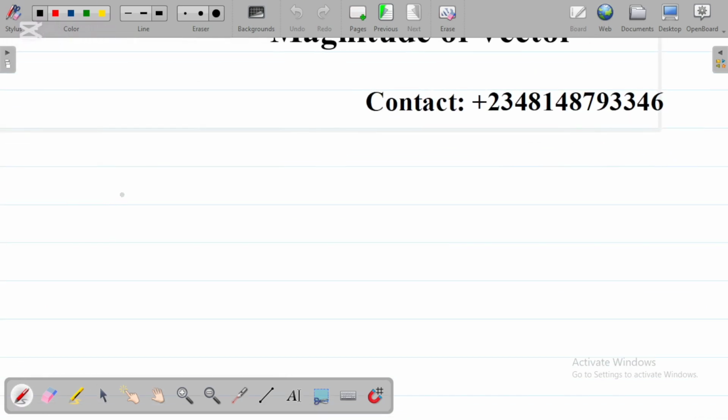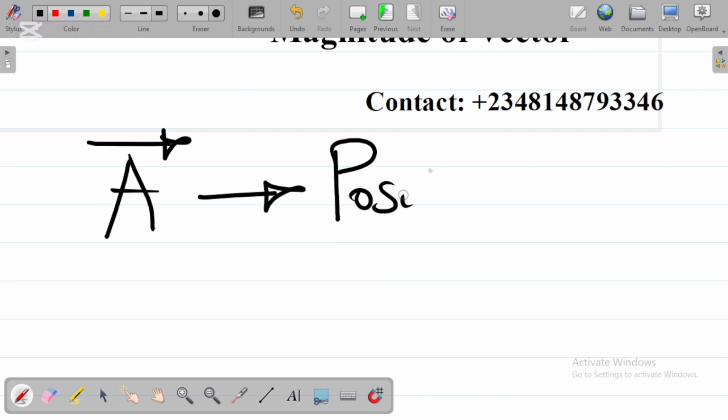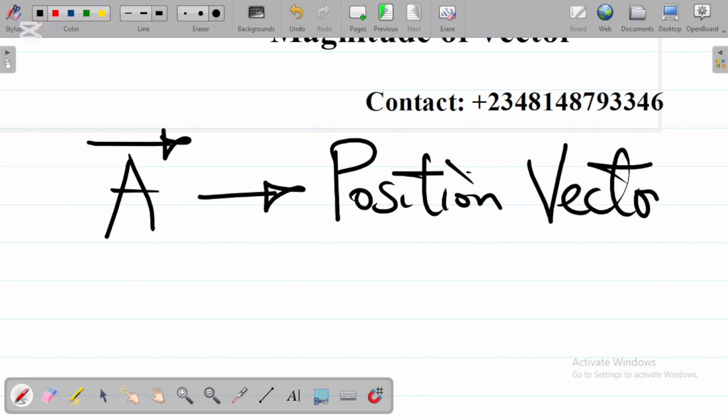All right, so let's consider vector A. This is called the position vector.